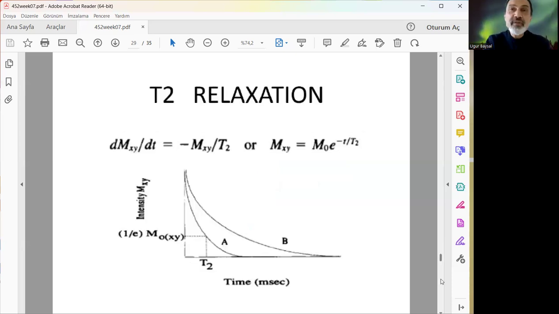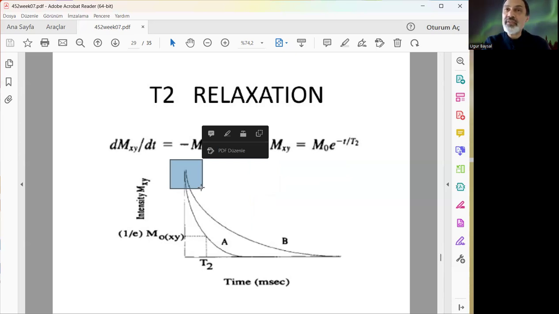Similarly, T2 relaxation is diminishing in the transverse plane, or XY plane. So that's a kind of decaying exponential. Again, for tissues A and B, the signals are almost the same at time T0, right after the excitation.